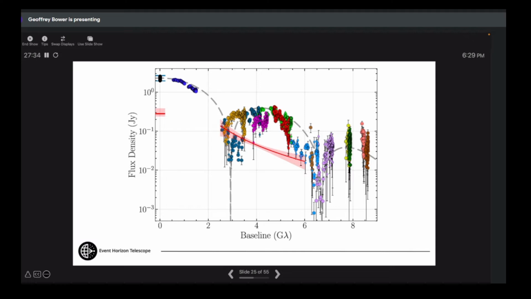That tells us that there's more information here than just a simple ring, and it points to asymmetry, and it also points to time variability, and I'm going to talk about both of those as we go further on here.